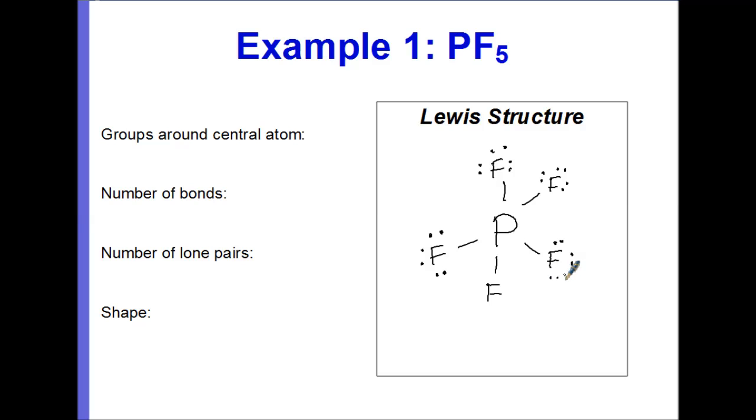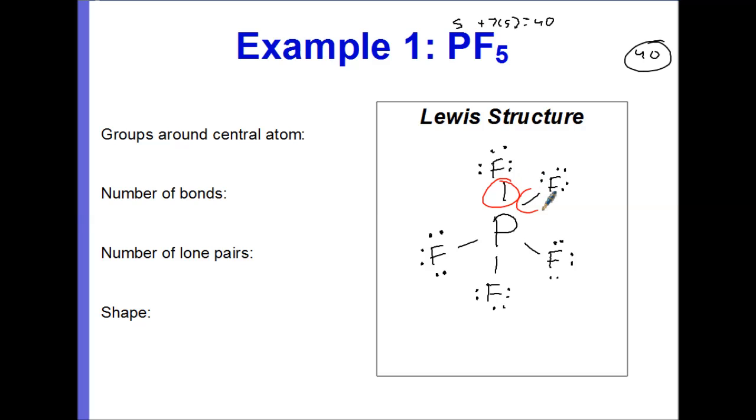When you draw your Lewis structure, it looks like this, and it should have 40 valence electrons. So we add these up: you have 5 from phosphorus plus 7 times 5. That gives me the 40. And when I count this up, I have 40 altogether. Now let's check our atoms.